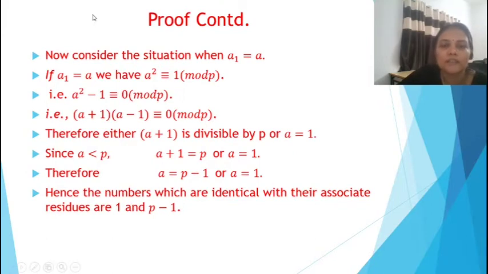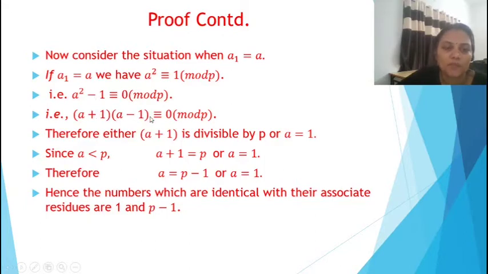Now consider the situation when a1 equals a. If a1 equals a, we have a a1 congruent to 1 mod p becomes a square congruent to 1 mod p. Now, a square minus 1 is congruent to 0 mod p.